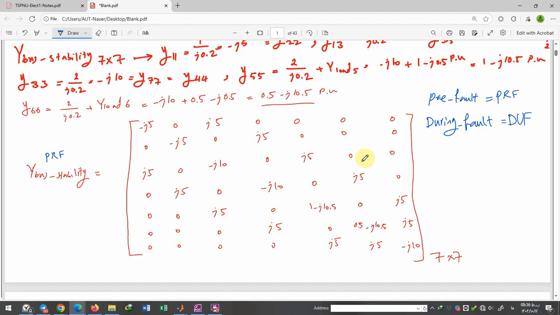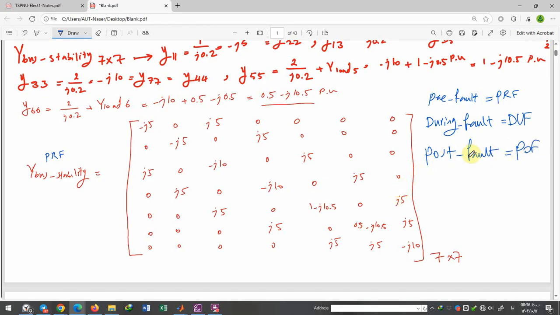And after that, the fault is cleared, and the time after clearing the fault, or when the fault does not exist, we call post-fault, POF.